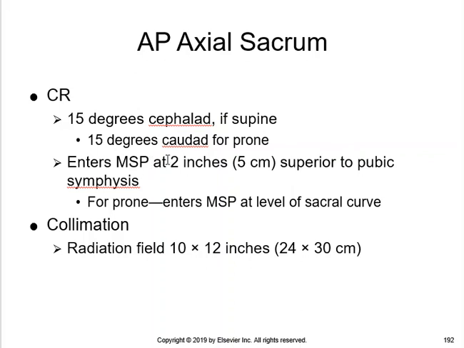So what's 2 inches above the symphysis pubis? The same spot as 2 inches below the ASIS. And then if you were to, for whatever reason, shoot this prone, then your mid-sagittal plane is going to enter at the level of the sacral curve and exit at a point about 2 inches superior to the symphysis pubis.